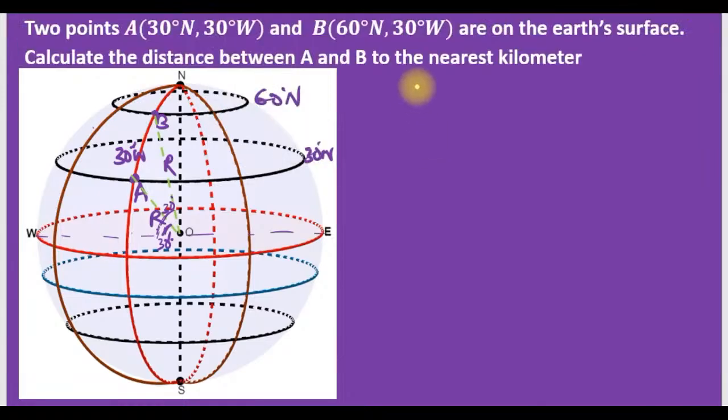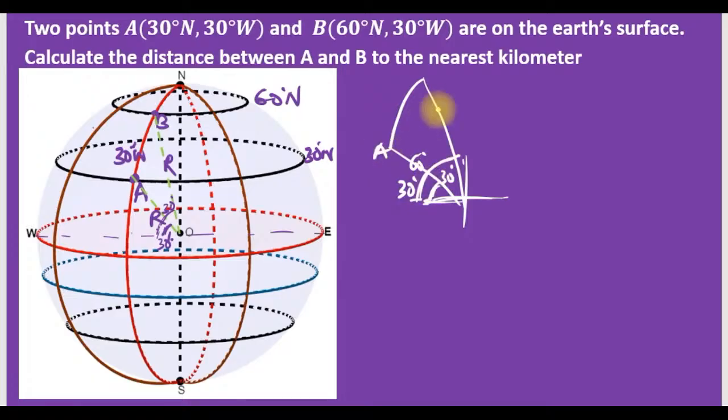Let me draw it out. We have something like this. From here to here is 30 degrees, while from here to here is 60 degrees. So here is 30, and here it should be 30 to make 60.